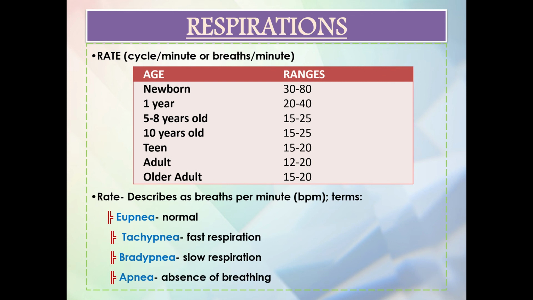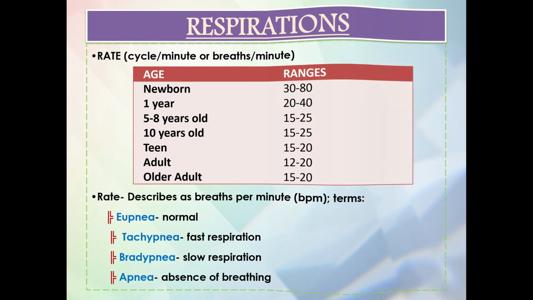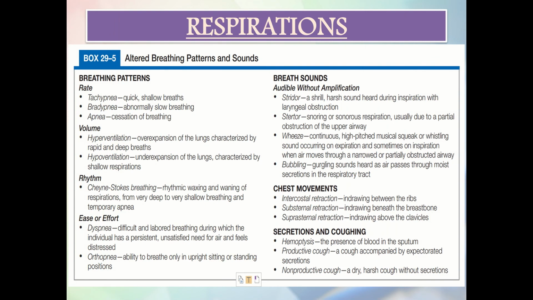And then apnea is the absence of breathing. Again, apnea is the absence of breathing. There is no more breathing, that is apnea. Now, these are the other terms related to breathing or respiratory vital signs. Tachypnea, bradypnea, and apnea we already covered. When talking about volume, we have hyperventilation.